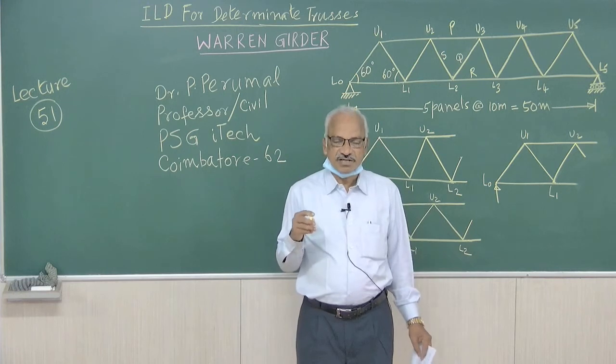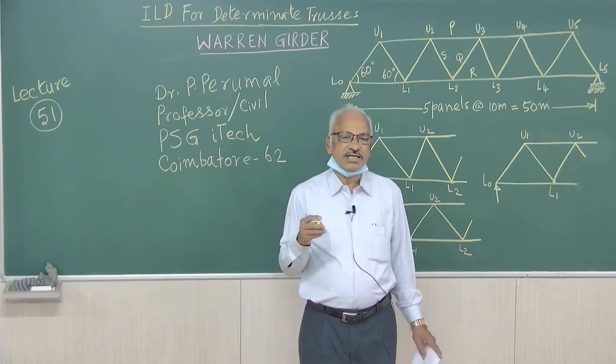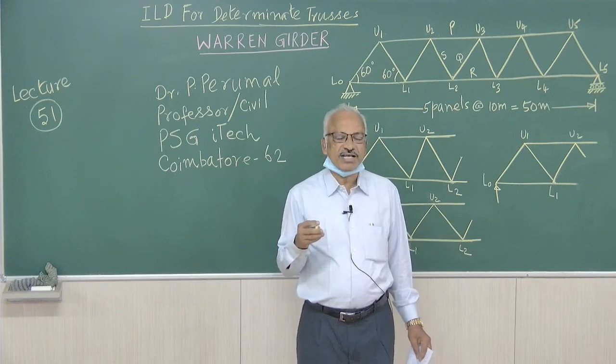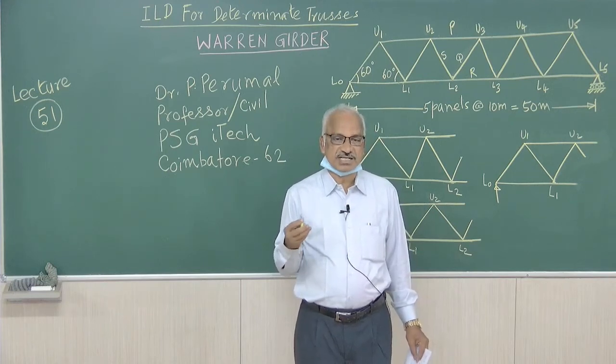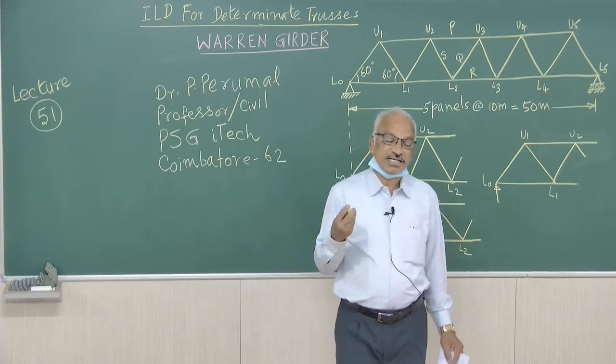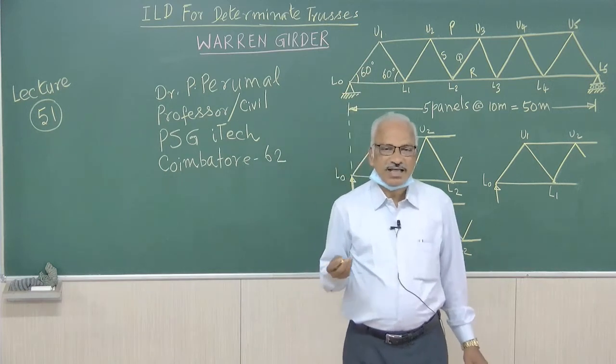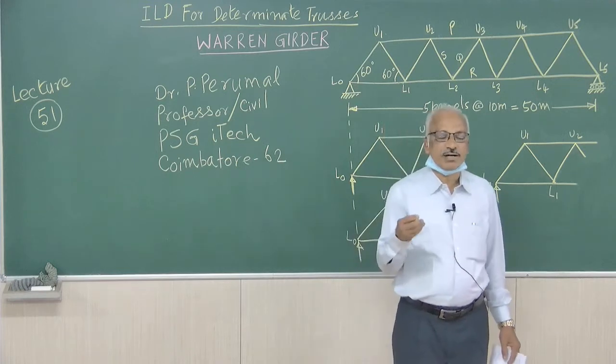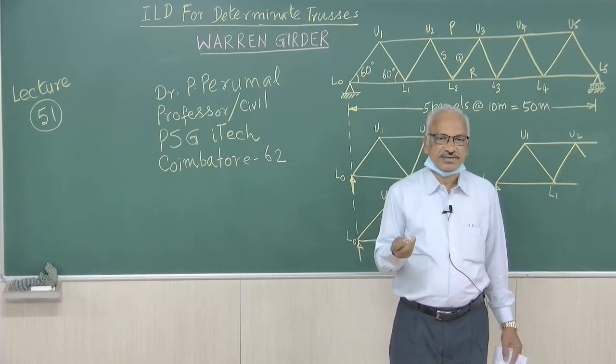Then we have discussed the influence lines for the force in various members of a Pratt truss. The truss was called Pratt truss because it was invented by Professor Pratt.